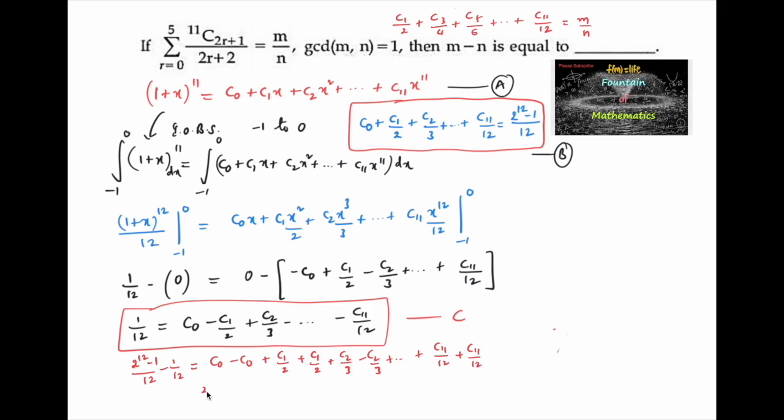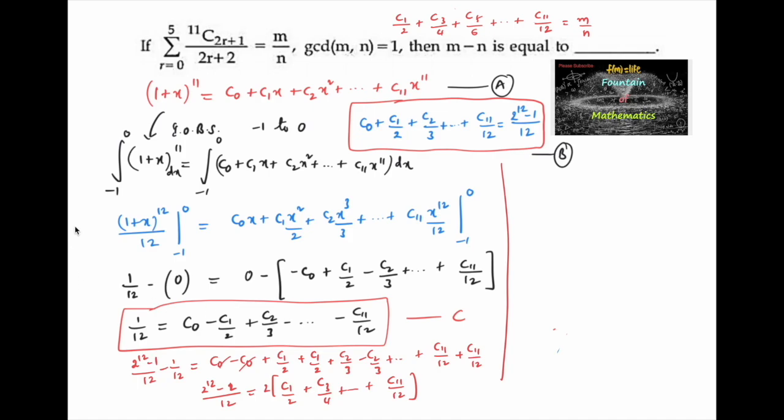So we can write 2 to the power 12 minus 2 divided by 12, which is equal to 2 times of c1 by 2 plus c3 by 4 and so on, c11 divided by 12.